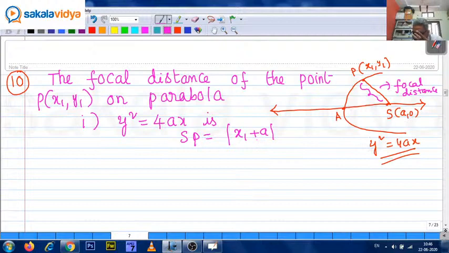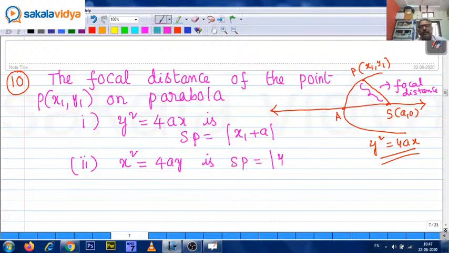SP is called the focal distance, FD. I didn't draw the figure for this one. Second, also remember, sometimes you may be asked about x square is equal to 4ay, the upward parabola. The figure will be like this: focus S at (0, a), point P(x1, y1). So this SP is given by mod of y1 plus a.